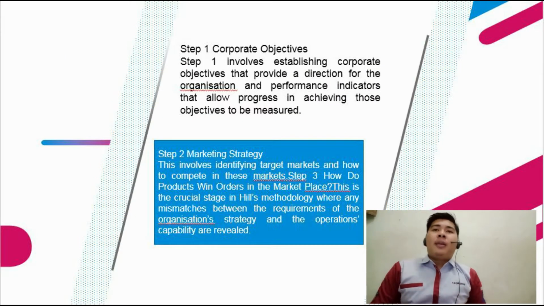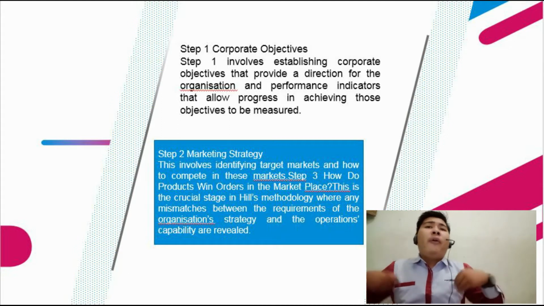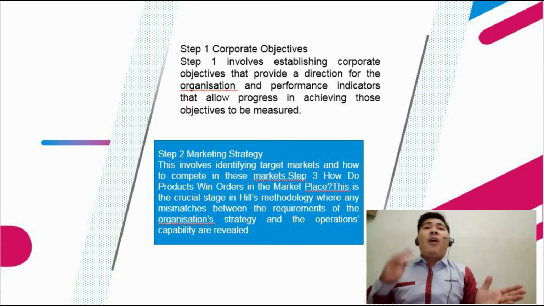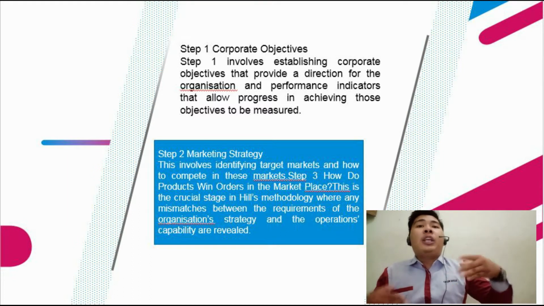Moving to the next slide. Step 1, corporate objective. Step 1 involves establishing corporate objectives that provide a direction for the organization, and performance indicators that allow progress in achieving those objectives to be measured.